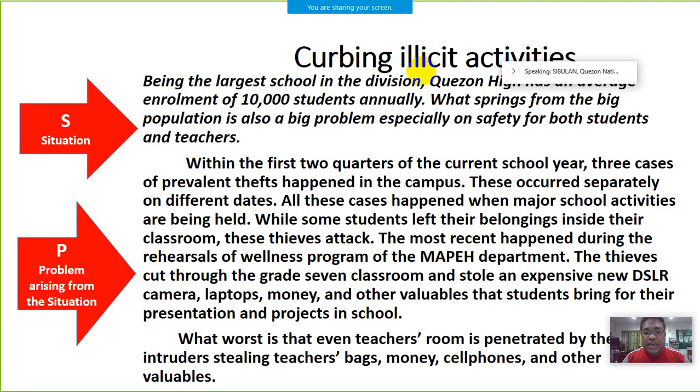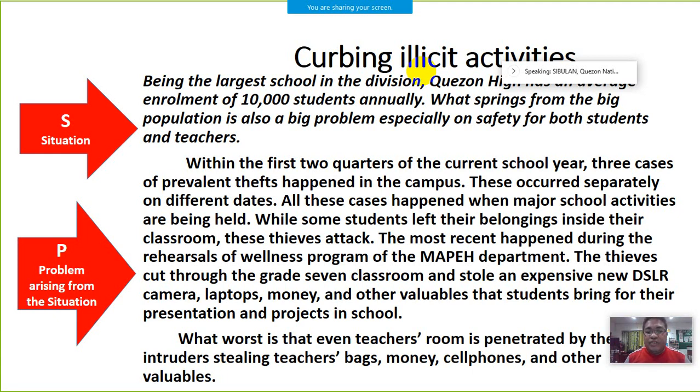The thieves got through the grade 7 classroom and stole an expensive new DSLR camera, laptops, meaning more than one, money and other valuables that the students bring for their presentation and projects in school. So that's one of the problems arising from the situation identified.